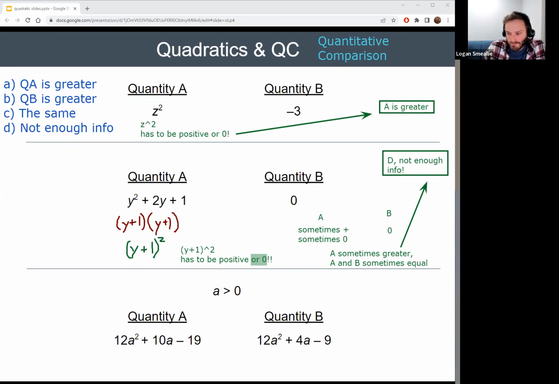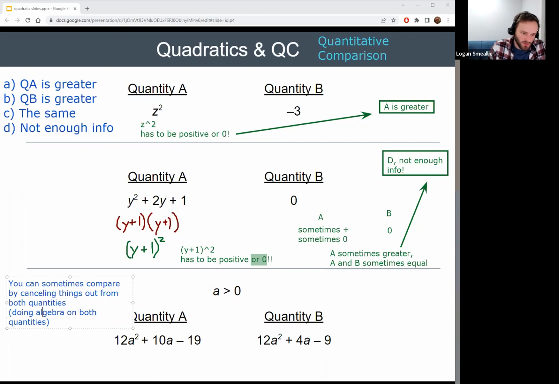And sometimes we can compare by basically canceling things out from both quantities, or basically doing algebra on both quantities, doing the same algebra.